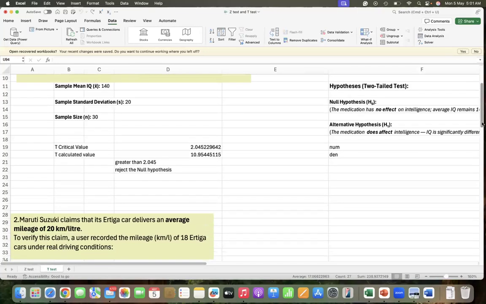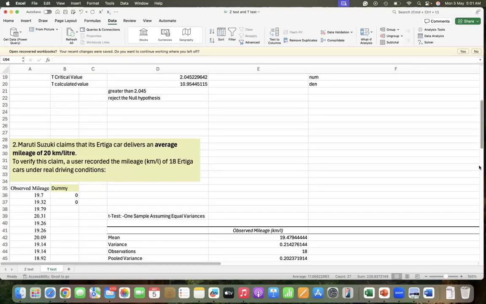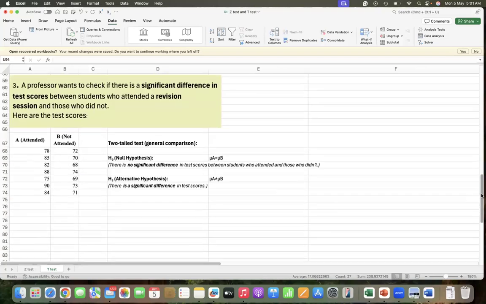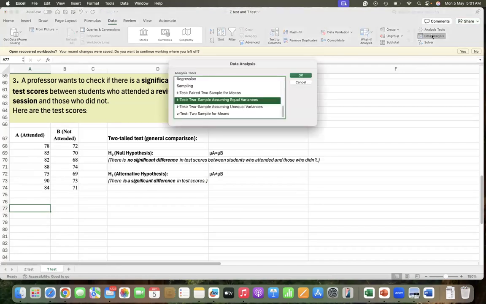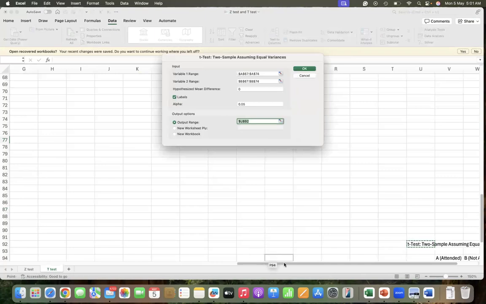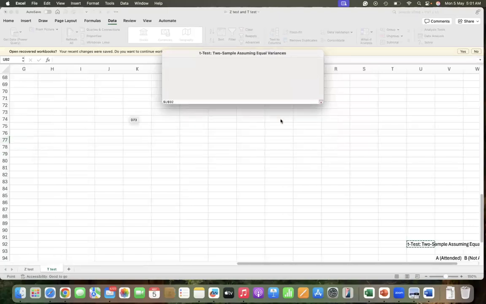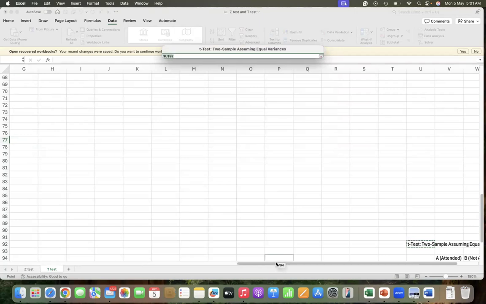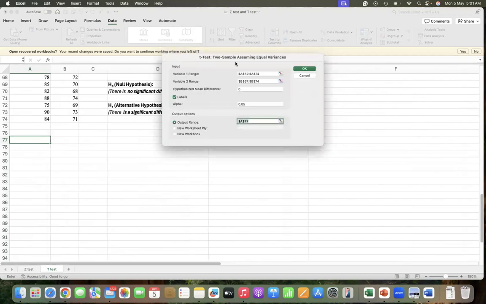Yes. Sorry. We were on the third question, right? Okay. In data tab, data analysis, two sample, assuming equal. I don't know why it is going towards that way. Okay, this range we had already put. Now I wanted this. I want it to be in this cell.